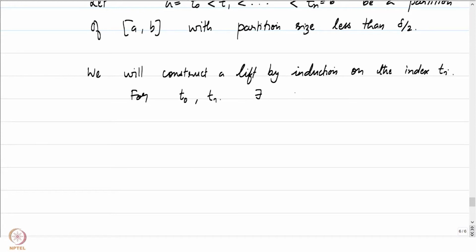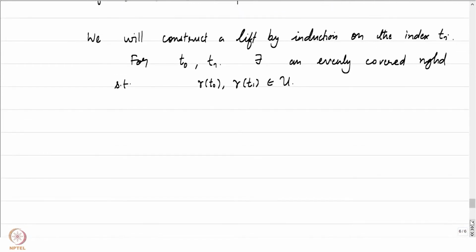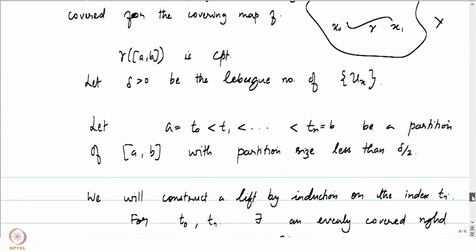There exists an evenly covered neighborhood U such that gamma of t0 and gamma of t1 belong to U. Let f inverse of U be some disjoint union of V alpha, and pick alpha such that, what is the starting point that we desire?